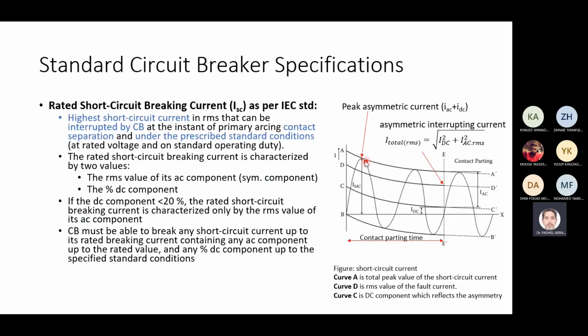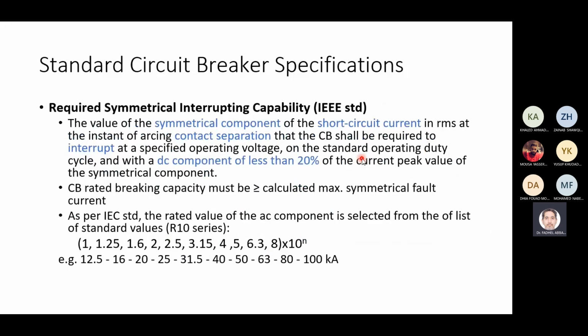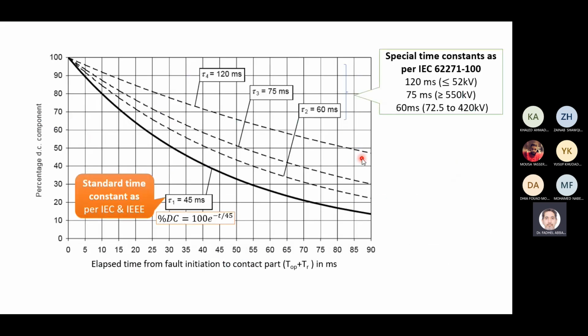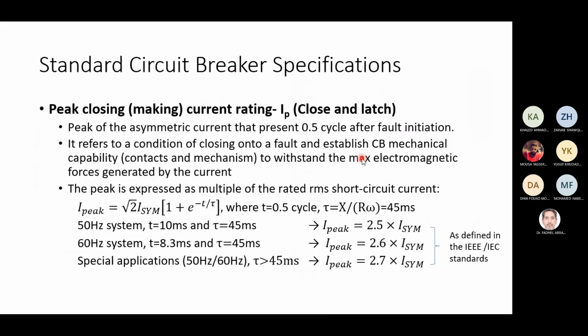This is the maximum peak value the circuit breaker is able to withstand when it's closed into a fault, or when tried to open also. And its value can be calculated using this formula as per standards. The peak value can be calculated from this formula. I will derive this for you later.